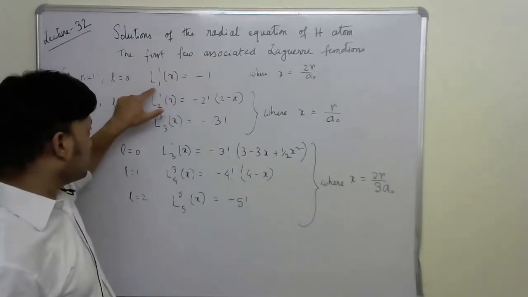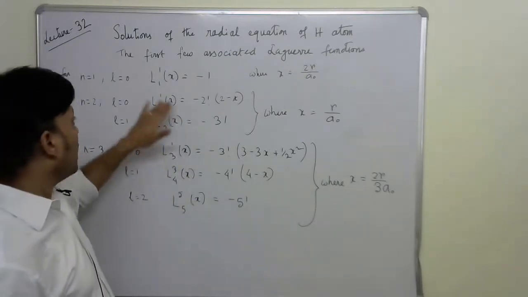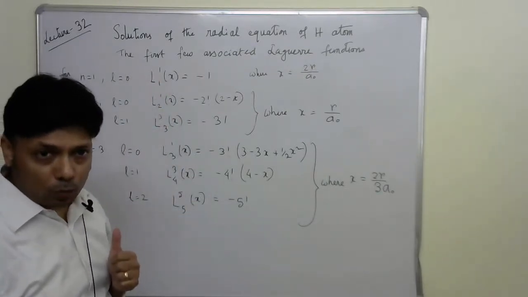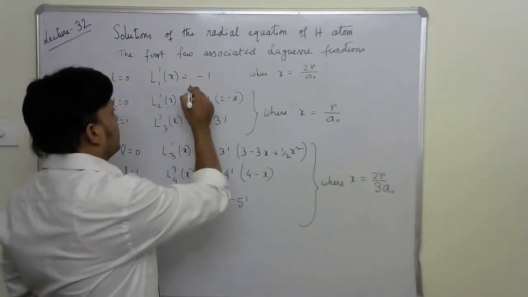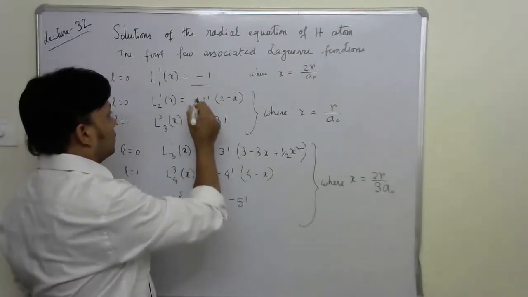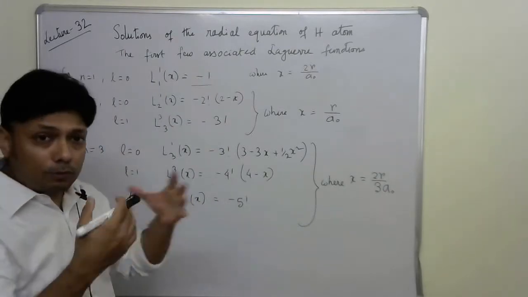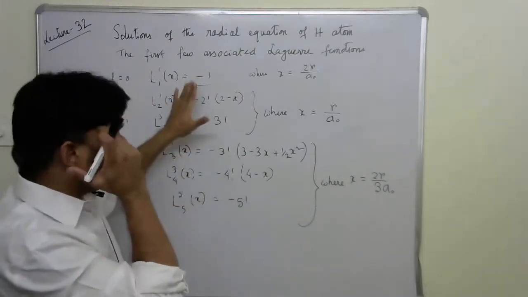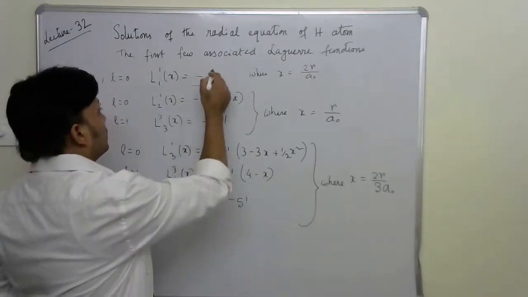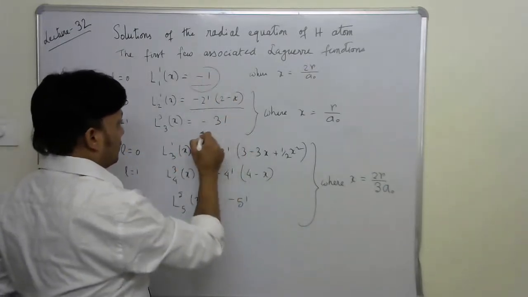Remember, the subscript is n plus l and the superscript is 2l plus 1. This is the new part: the outcome of the derivation has been given directly here. We are not deriving it; we are interested in these results.